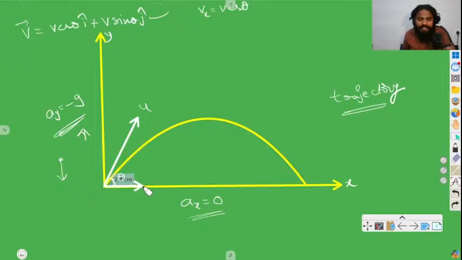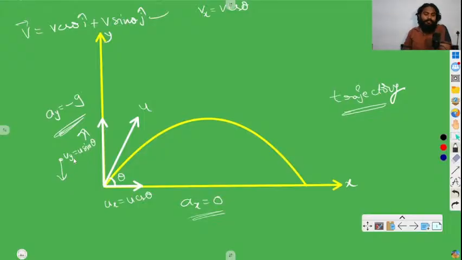One is the x component and another one is the y component. Okay, so here this x component is nothing but ux is equal to u cos theta. See, the adjacent side is always cos theta and the opposite side is nothing but uy is equal to u sin theta, right?